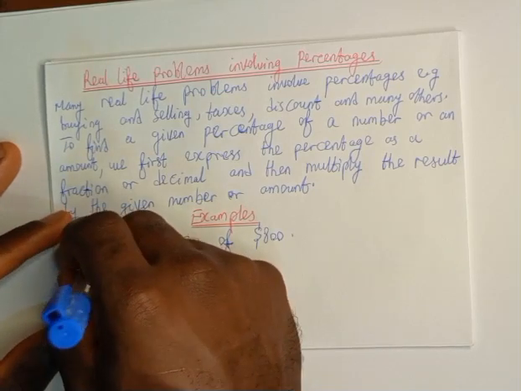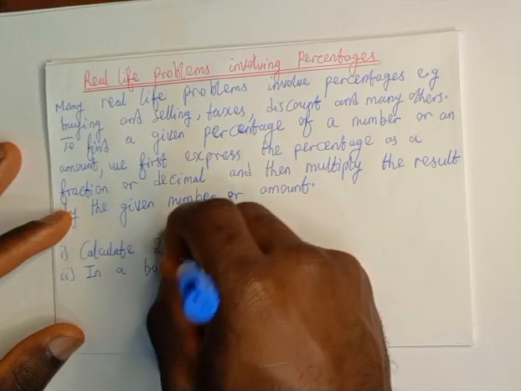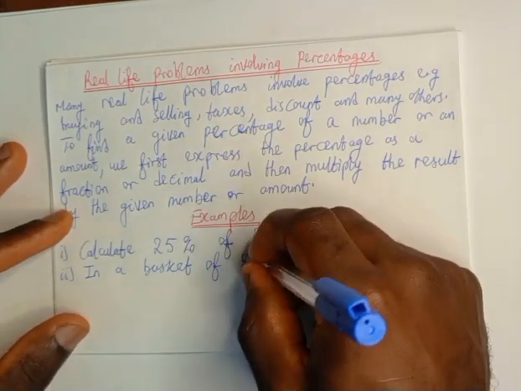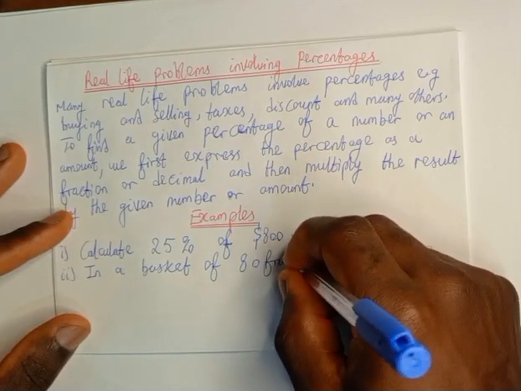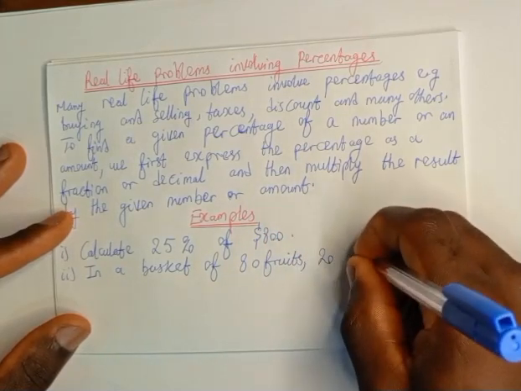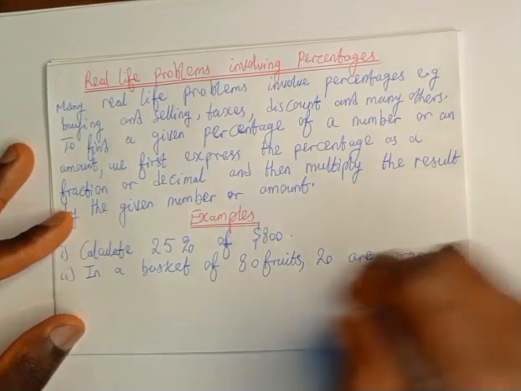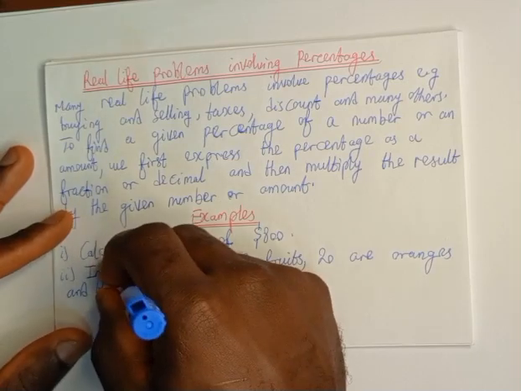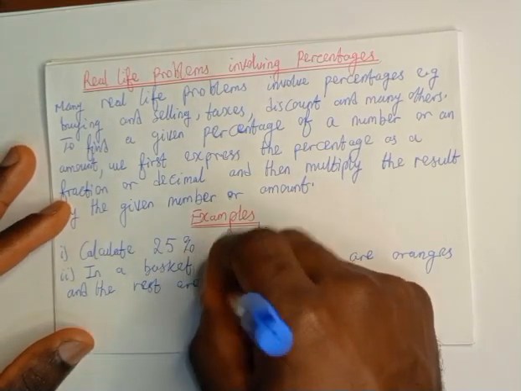The next one says in a basket of 80 fruits, 20 are oranges, and the rest are guavas.